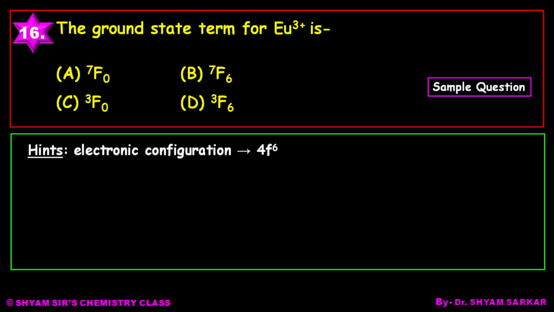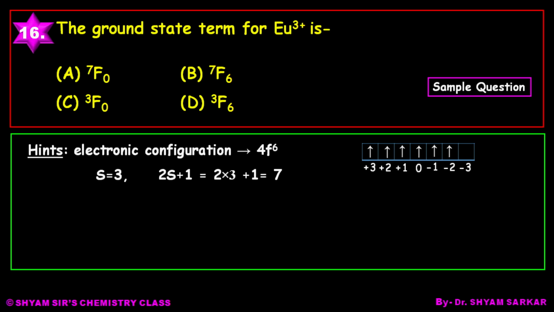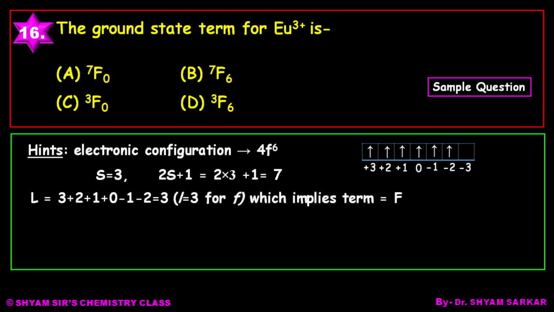So 4f6 means capital S is 3, that means total spin is 3, that is 2S+1, total spin multiplicity is 7. Okay, total spin multiplicity 7 means you can cross option C and option D, because in option A and B the spin multiplicity is given as 7.